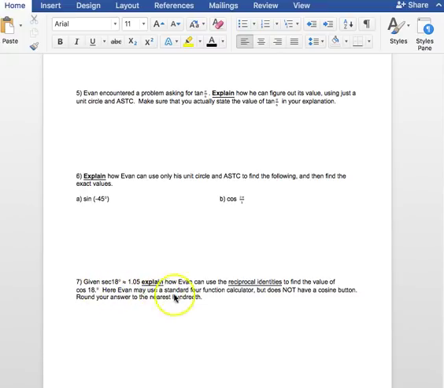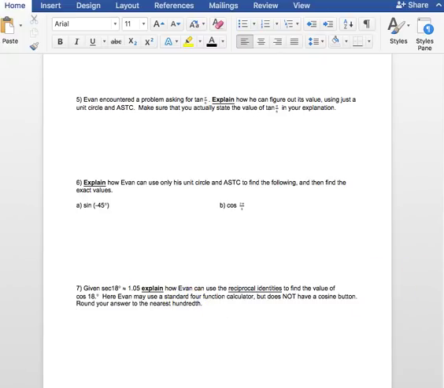Here I'm reminding you in the directions that it says that Evan's not allowed to use a scientific calculator, which means you can use a 4-function calculator, but he doesn't have a cosine button. So please, in your explanation, don't say he types in cosine 18 degrees and enter, because he can't do that.